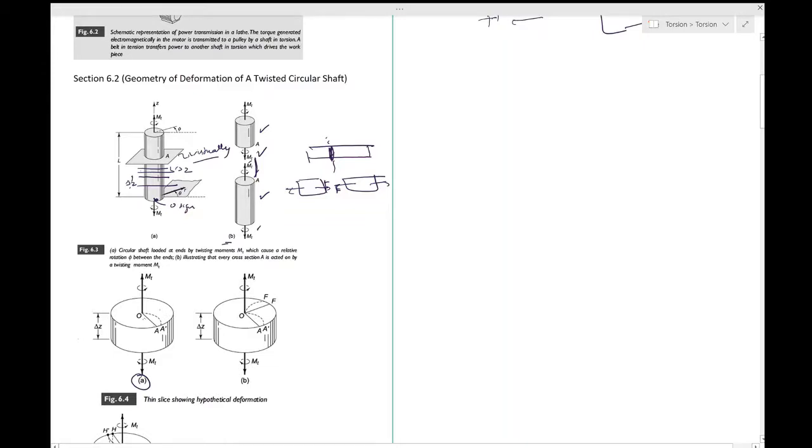This curve will not be drawn in the z direction. It will be drawn only on this plane, and so will all the other lines which you draw. So that gives us confidence that if this was originally plane, it will continue to remain plane after deformation.